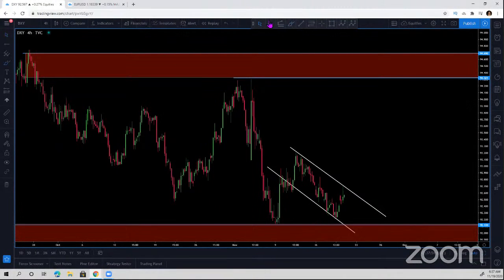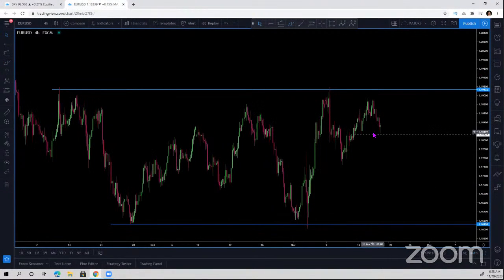Now, having said that, I believe that the key level that we need to break in the DXY for us to be able to short the Euro US dollar is the 92.70. If and when the DXY breaks this spot right here, we should be good to short the Euro USD, which would give us, in fact, a great risk to reward.